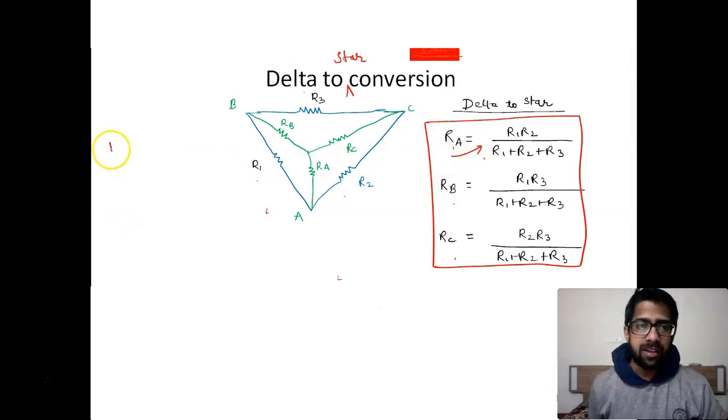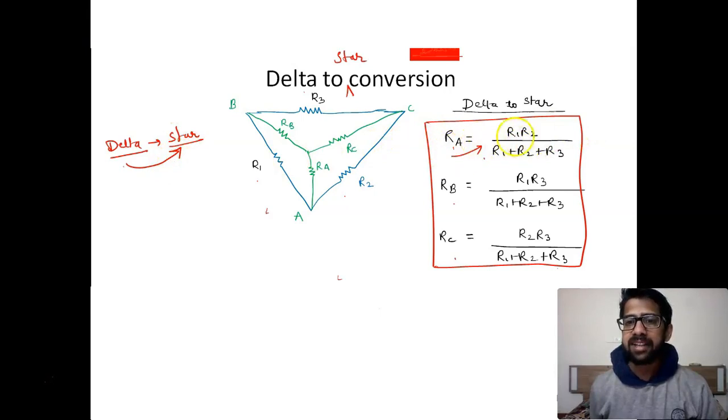Now we have RA, RB and RC to be found. We know that it is delta into star. What I use is that delta has more letters and star has fewer letters. So when converting from delta to star, the resistance is going to reduce. Now the formula is RA is equal to R1 R2 divided by R1 plus R2 plus R3.